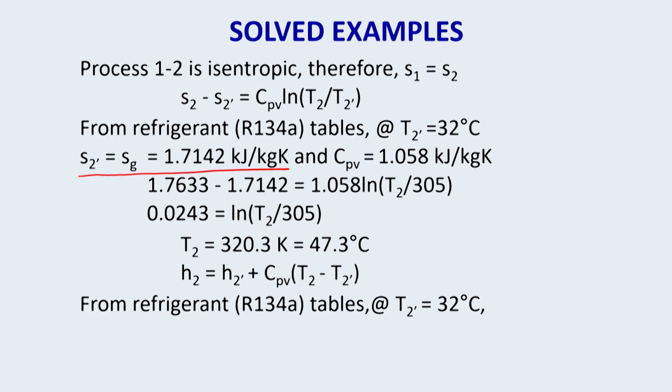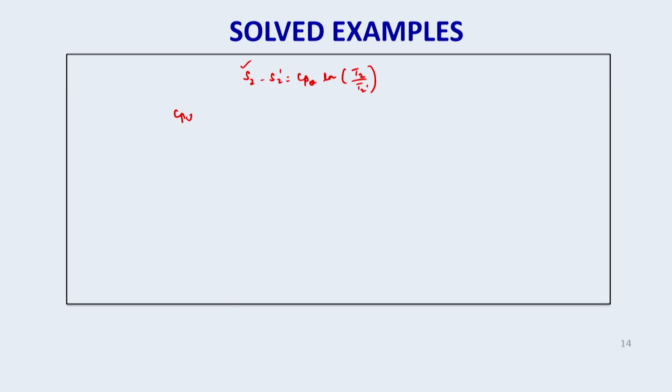T2 dash is 32 degrees centigrade and T2 is unknown, so the average of T2 and T2 dash is not taken.